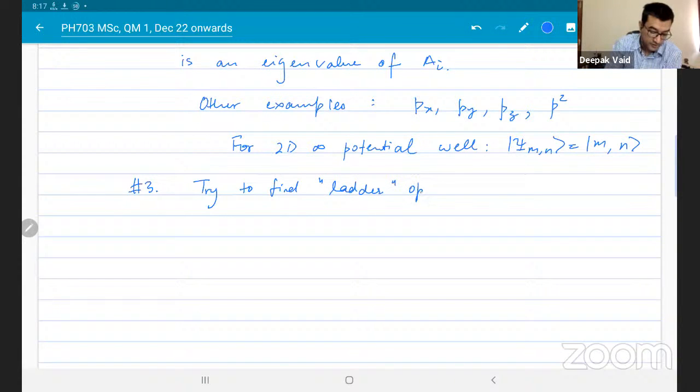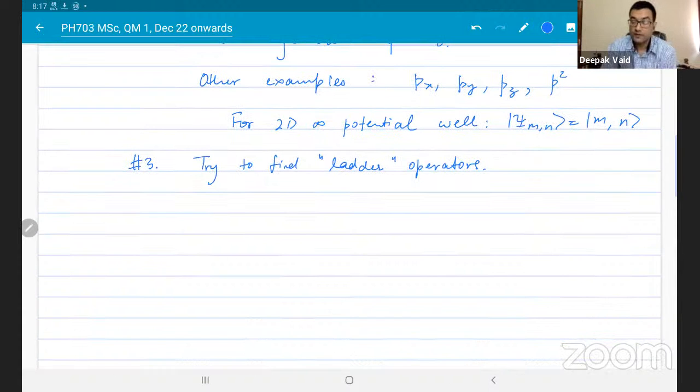Ladder operators, right? So in the case of angular momentum, you have this L plus minus. If you take these operators, they will increase your Lz eigenvalue or decrease it.